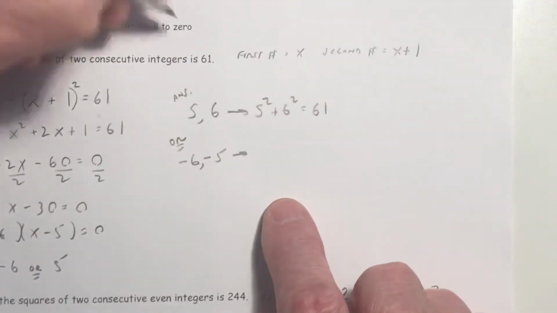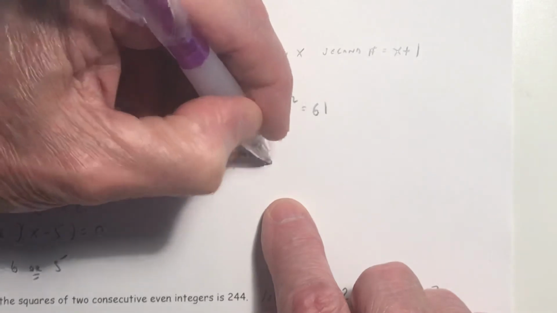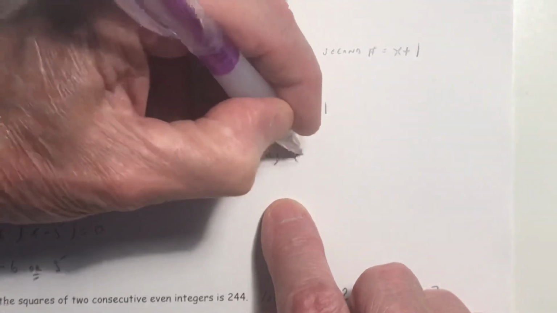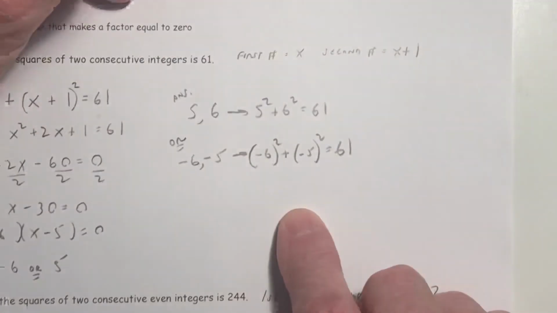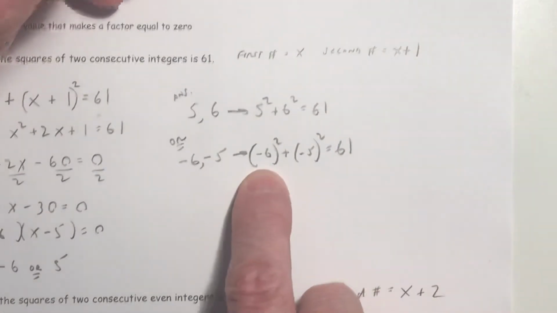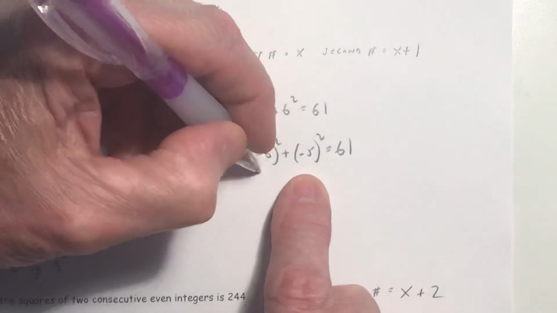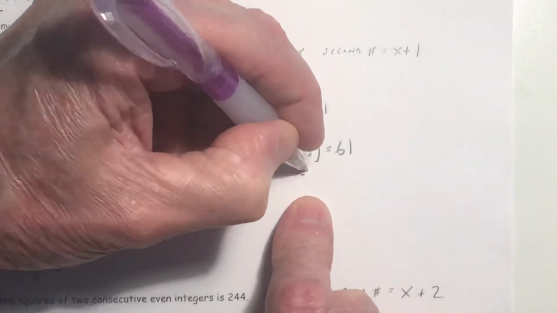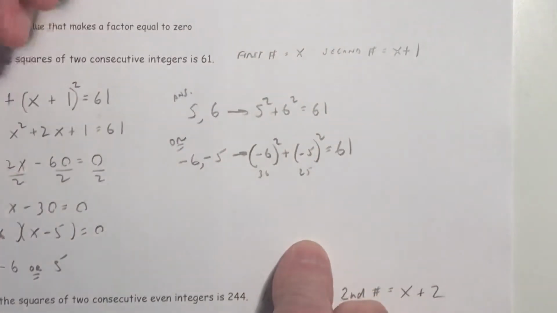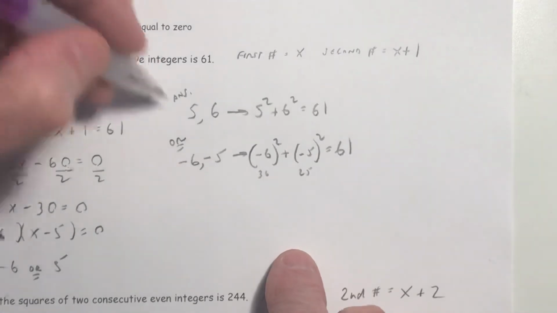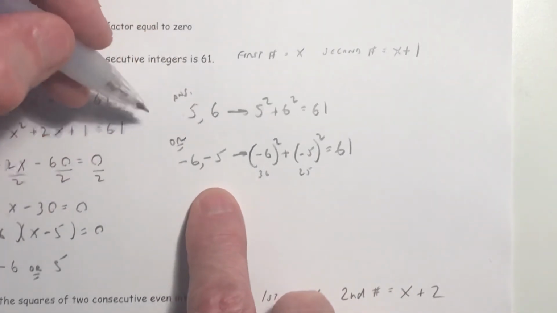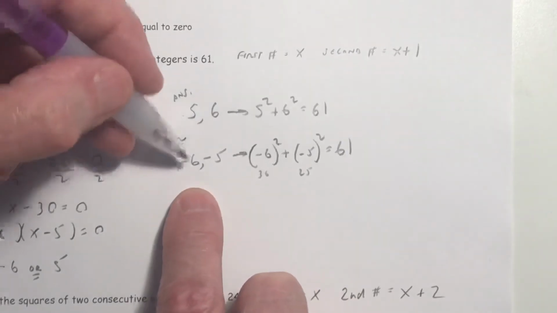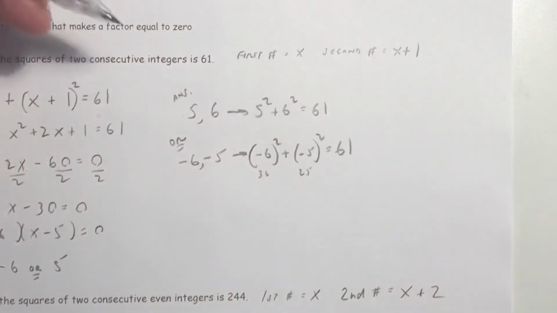And if I square negative 6 and square negative 5, I think you know what's going to happen next. This is going to be positive 36. That's going to be positive 25. They're still going to add up to 61. So there's actually 2 pairs of numbers that satisfy this problem, positive 5 and positive 6, or negative 6 and negative 5.